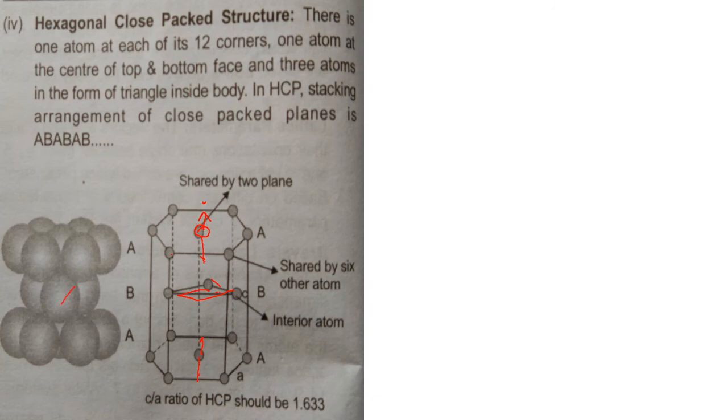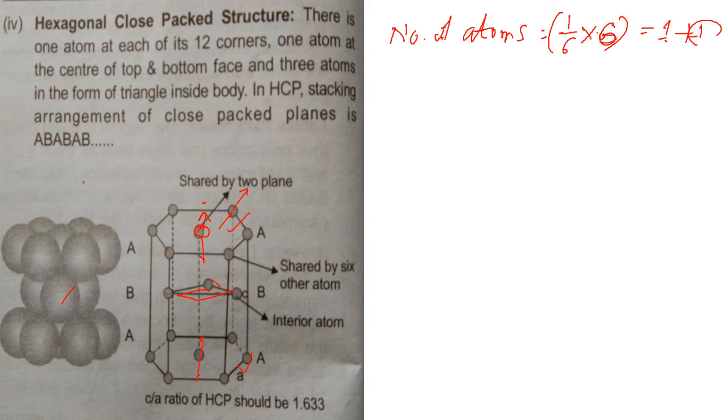Then how many atoms? Number of atoms equals 1 by 6 into 6, which is 1 for the top plane, plus 1 for the bottom plane, so 1 plus 1. How did you get 1? 1 by 6 into 6: 1 by 6 is inside and 5 by 6 is outside.